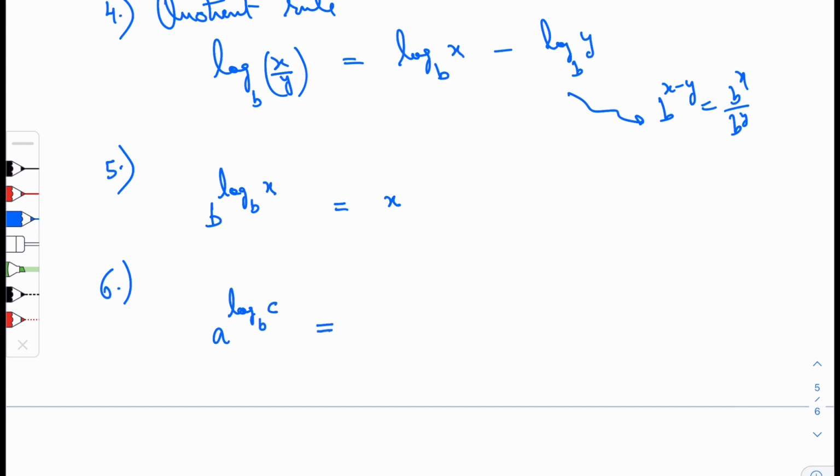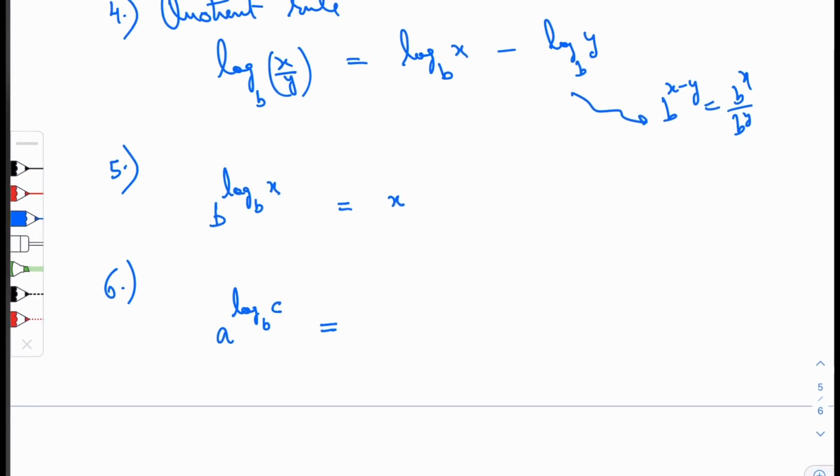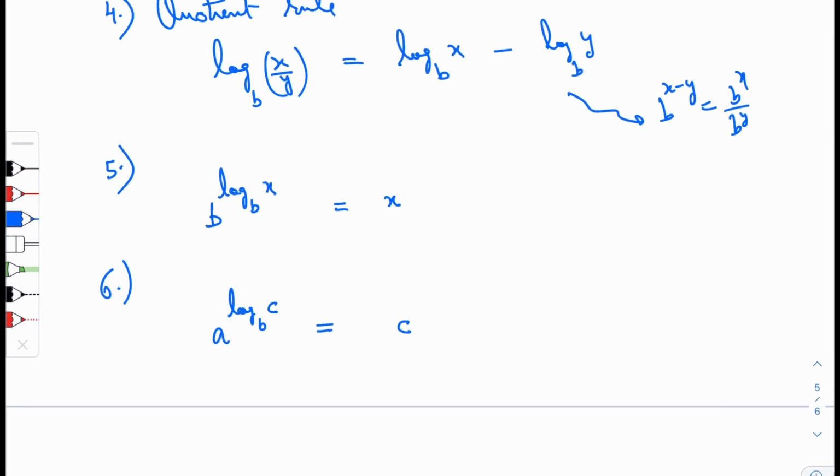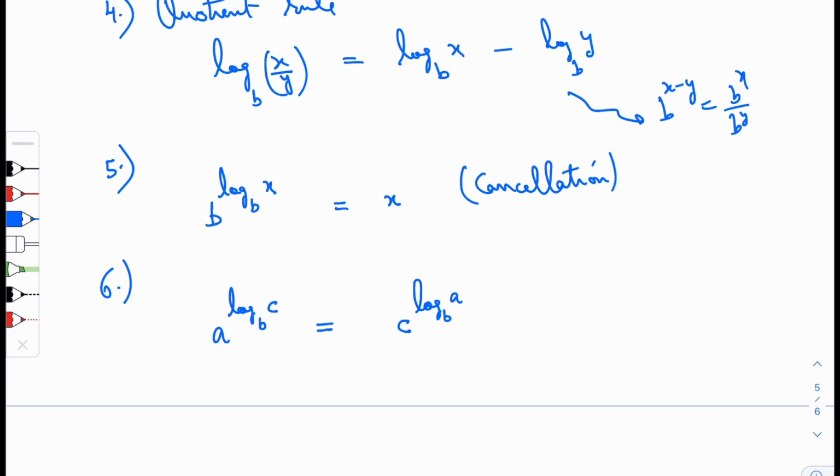But we have a nice property that keeping this base b fixed, the c and a can be exchanged. So this should be equal to c power log of a to the base b. So this base b is kept intact, and a and c have been exchanged. We are going to call it the exchange property. This is the cancellation property, and this is the exchange property.